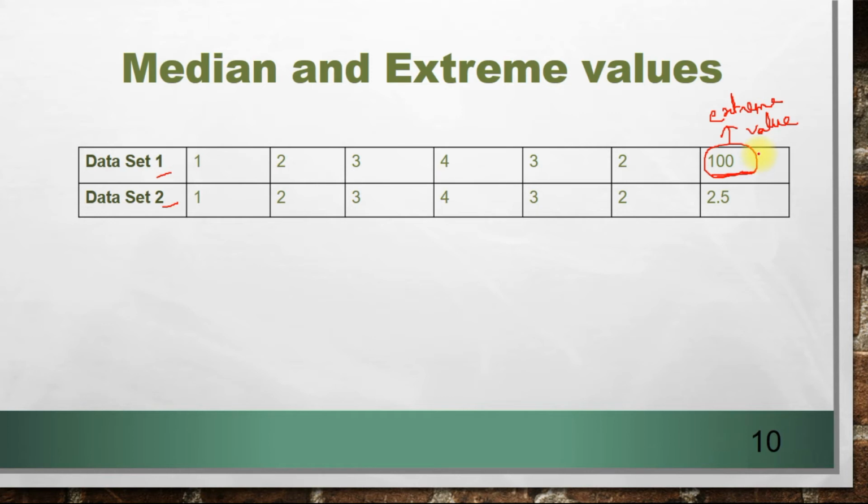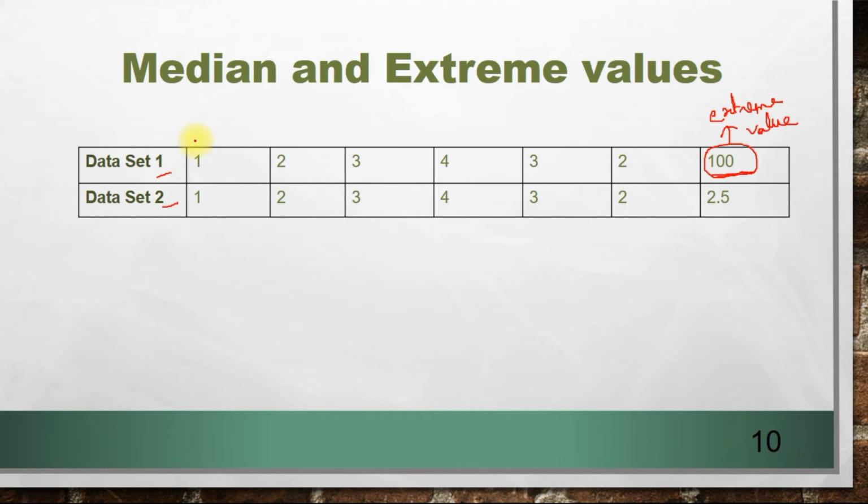Now we have to see how the median is different or the same in the case of extreme values. That means how extreme values affect the median. First of all we have to arrange the data sets. This data set is not arranged in ascending order.